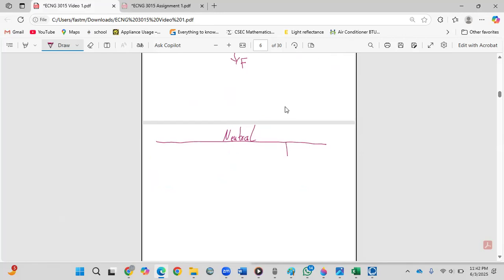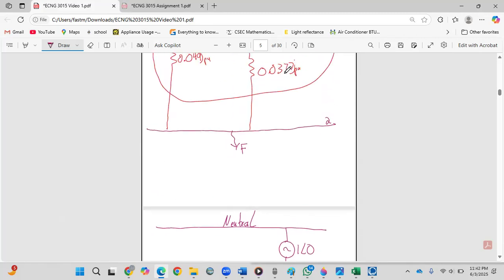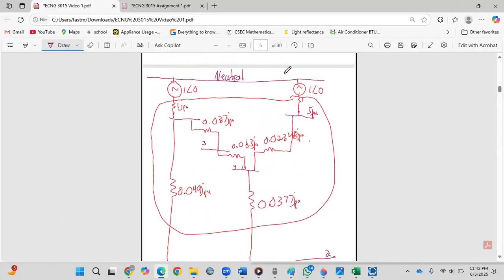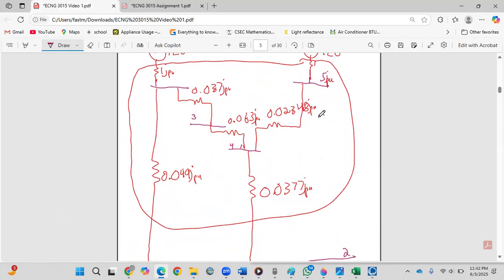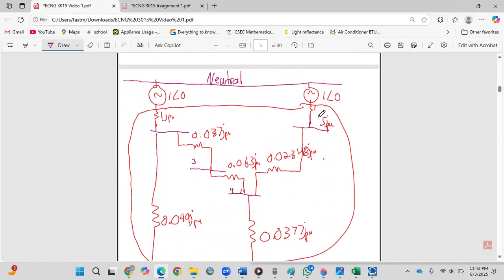So you have the generator, 1 angle 0, coming down to 1 impedance. The sum of those impedances will be 1 plus 0.02348, because there's 1 here adding with this.